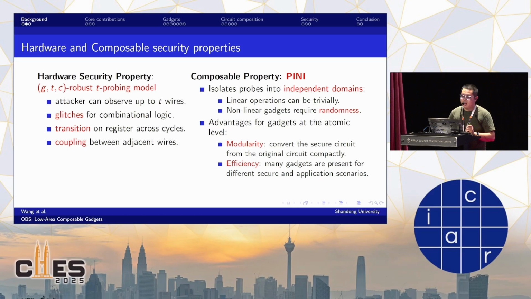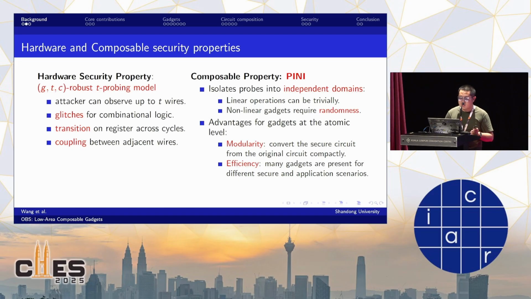For hardware, we adopt the robust t-probing model that accounts for glitches, transitions, and coupling. And for composability, we care about the definition of the PINI property, which states the following. Linear operations can be composed trivially, but nonlinear gadgets require randomness and special operations.